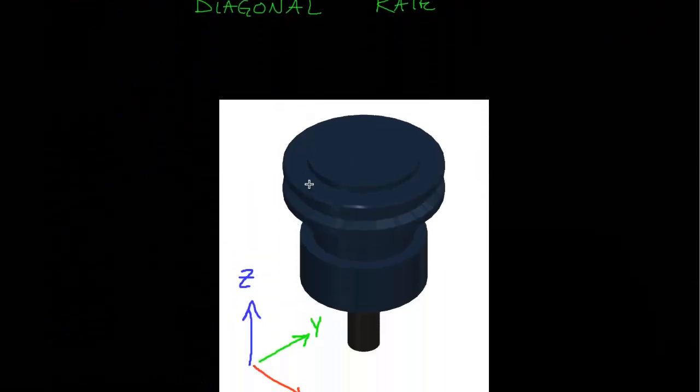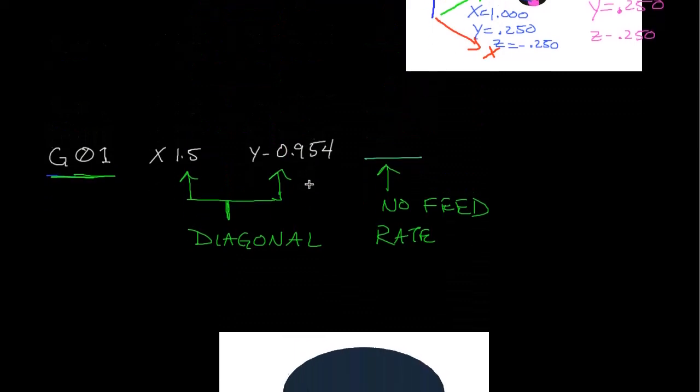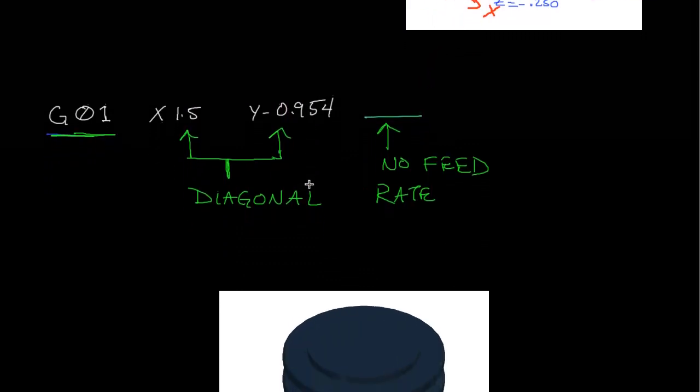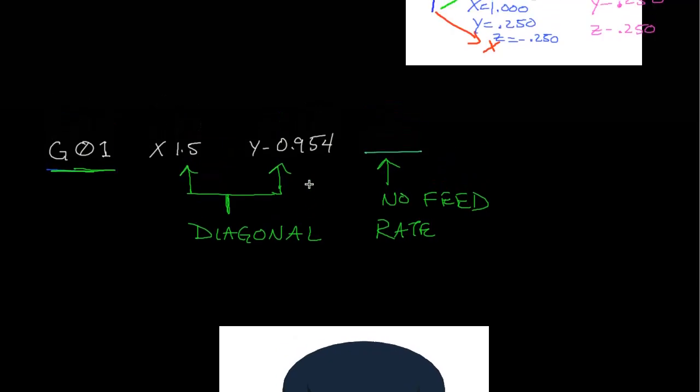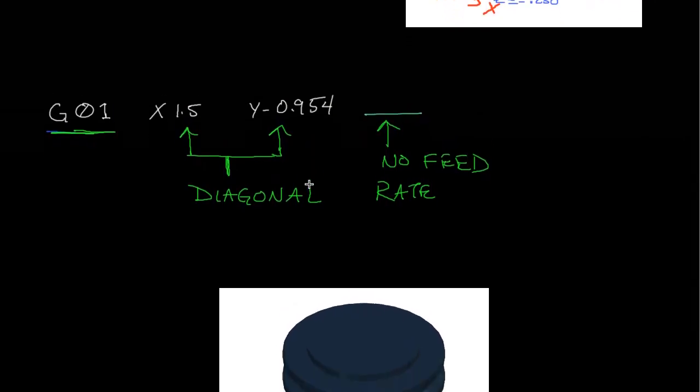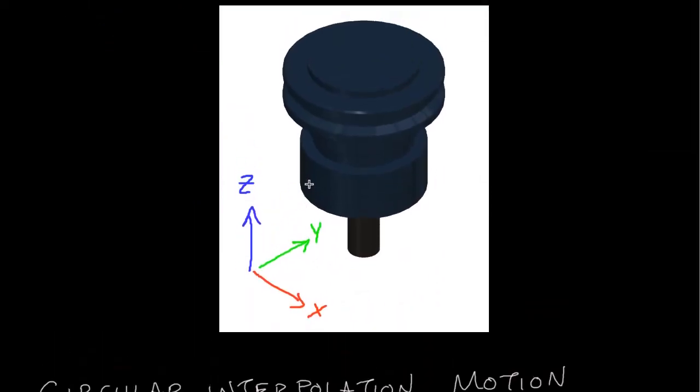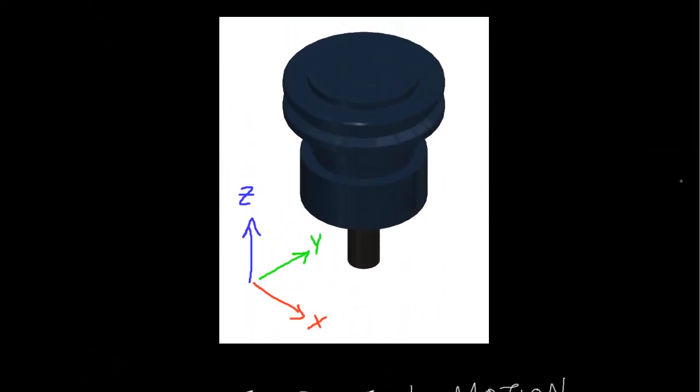So let's take a look at where we are right now. We're at X equals 1, Y equals 0.25, and Z is at negative 0.25. Okay, so let's write down the current position.